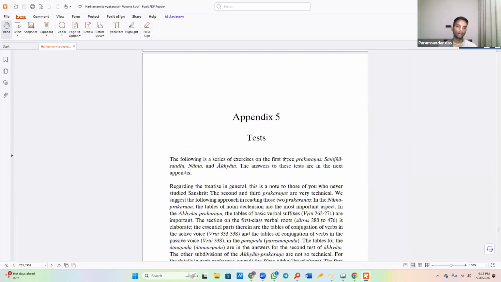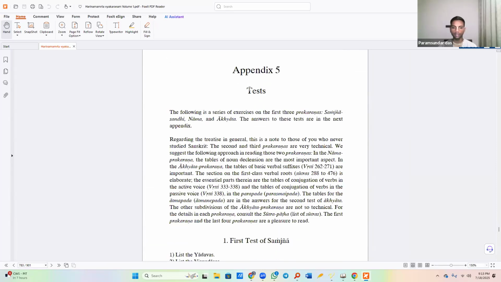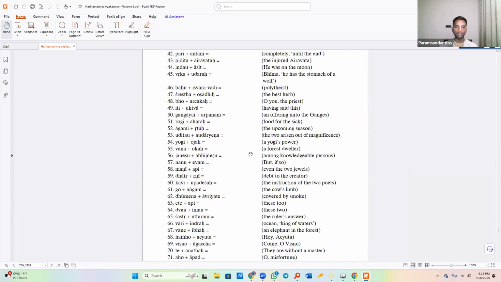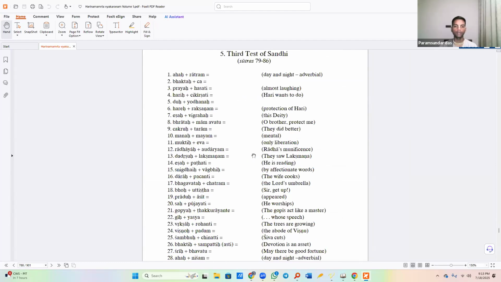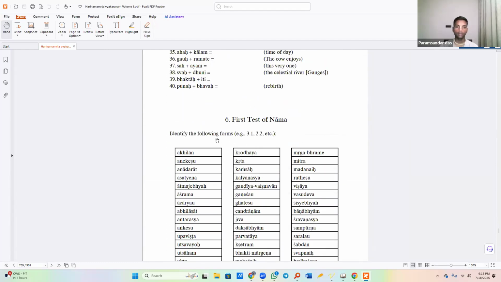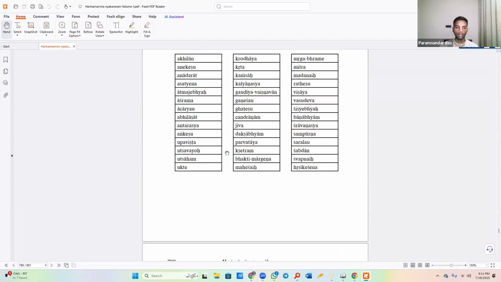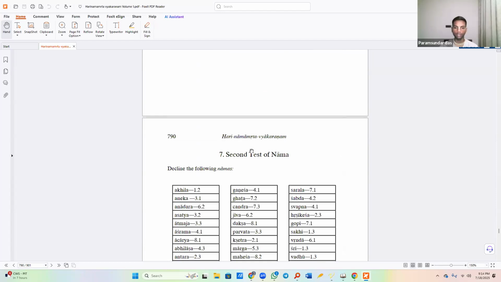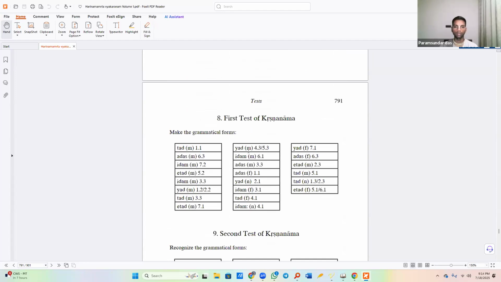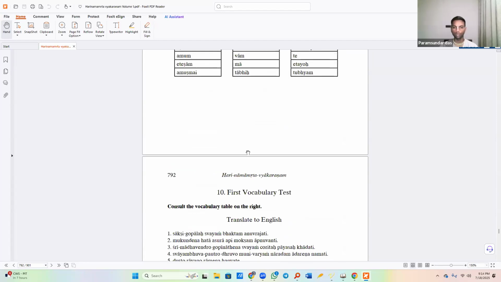Yeah, so Appendix 5 tests. The Sangya test is there, the Sandhi test is there. Then the first test of Nama is there, then the second test of Nama. It's not very elaborate, but something is there.